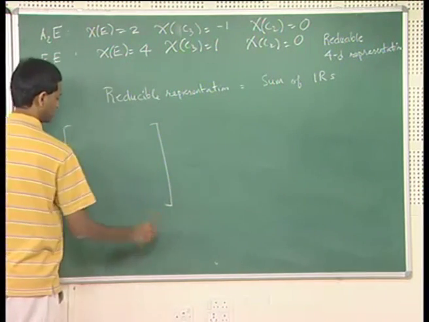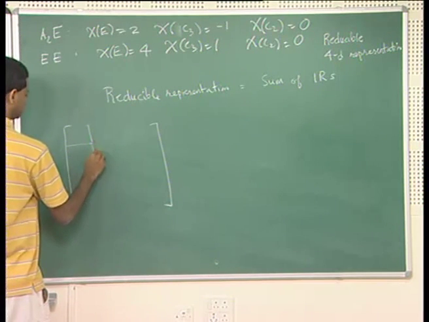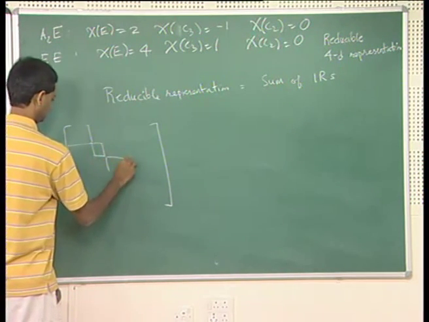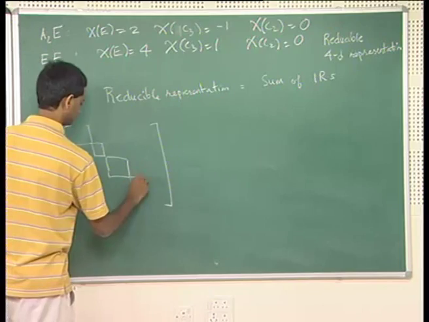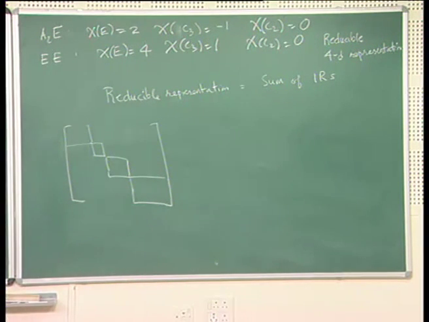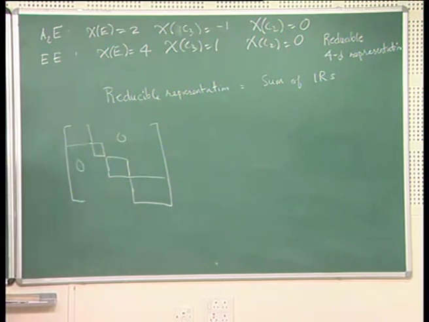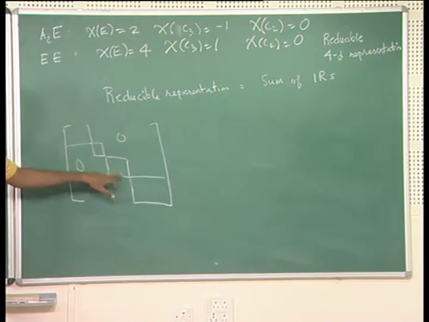If you had a reducible representation, then you could make it block diagonal. Then you would say it is a sum of these 4 representations, and also there is 0 everywhere else. Also, we looked at cases where one irreducible representation might appear many times in a reducible representation.